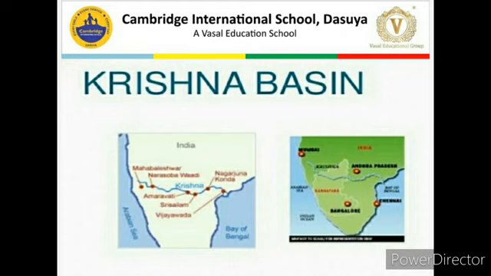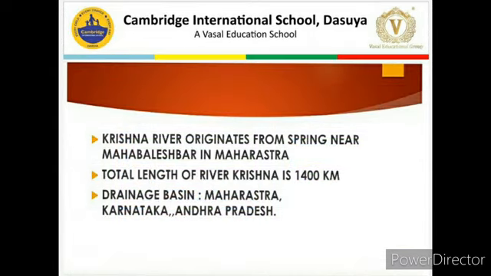Its drainage basin is shared by Maharashtra, Karnataka and Andhra Pradesh. You can see in the picture. Actually, the Krishna river is the second largest of the east-flowing rivers of peninsular India.